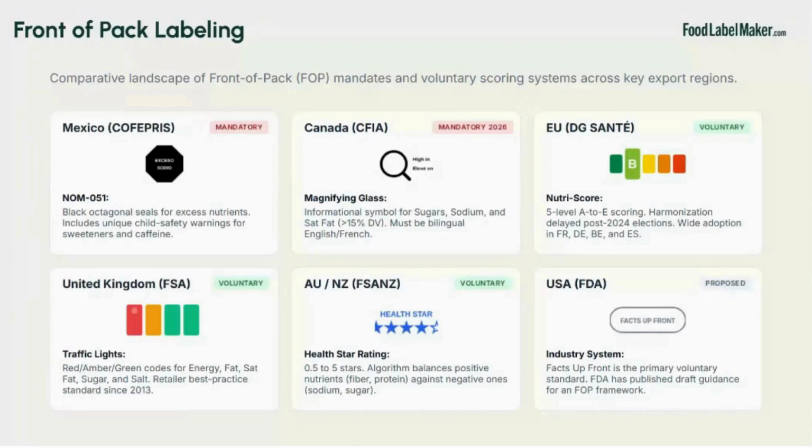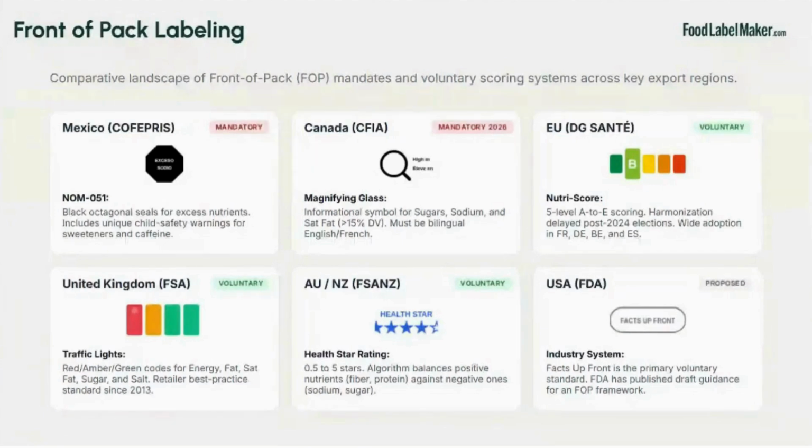So basically, both countries participate jointly in the health star rating system. And mandatory conversion has been discussed, but not implemented yet. So it remains voluntary to add the health star label.